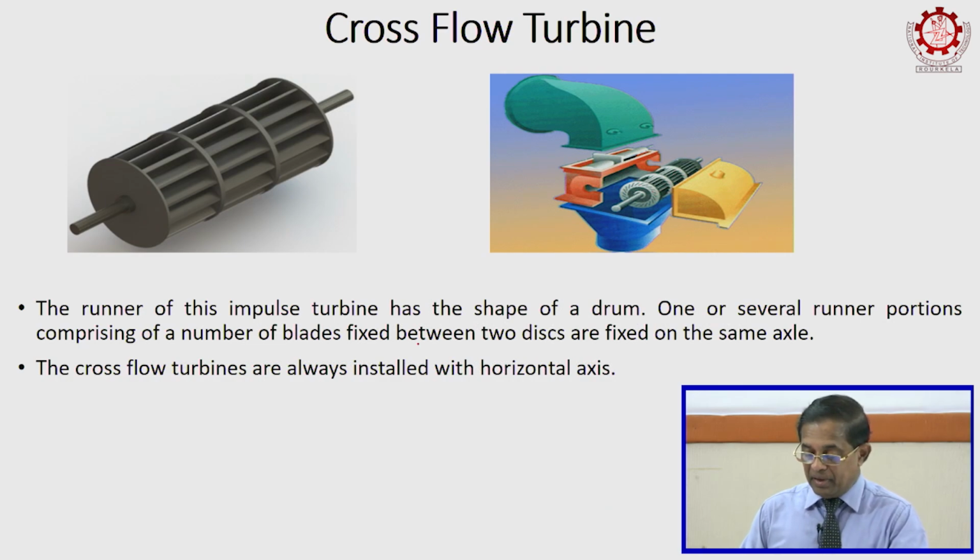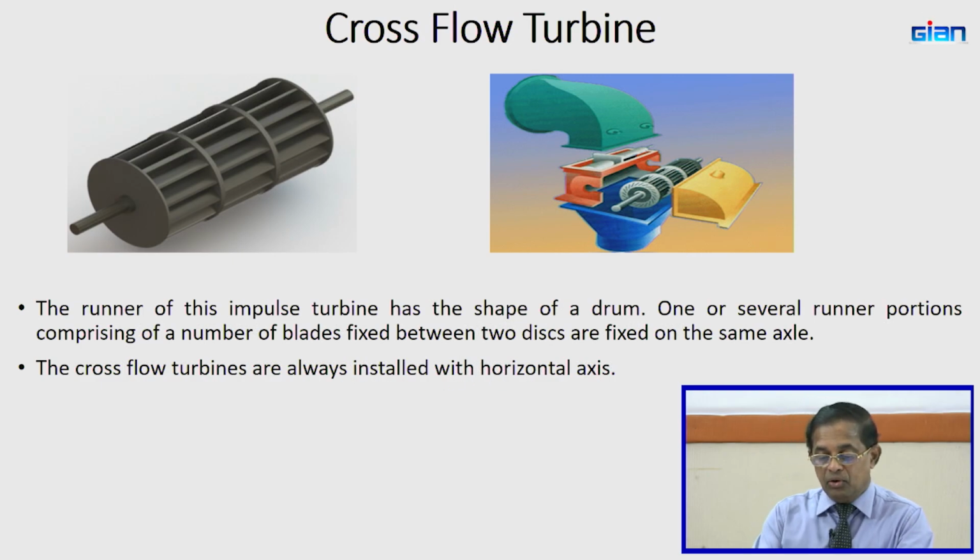The runner of this impulse turbine has the shape of a drum. One or several runner portions, comprising a number of blades fixed between two discs, are fixed on the same axle. Cross flow turbines are almost always installed with a horizontal axis. So it is a simple construction, and we can even manufacture it locally.